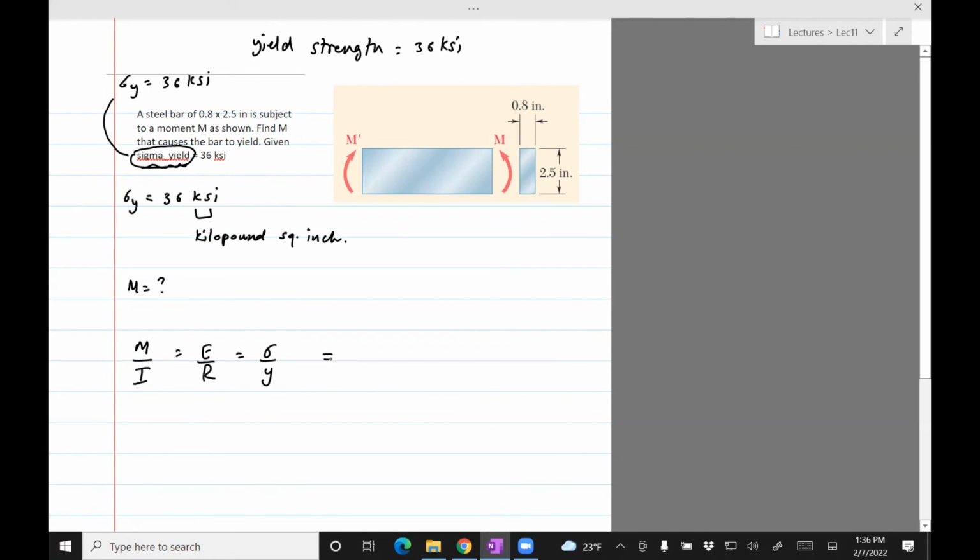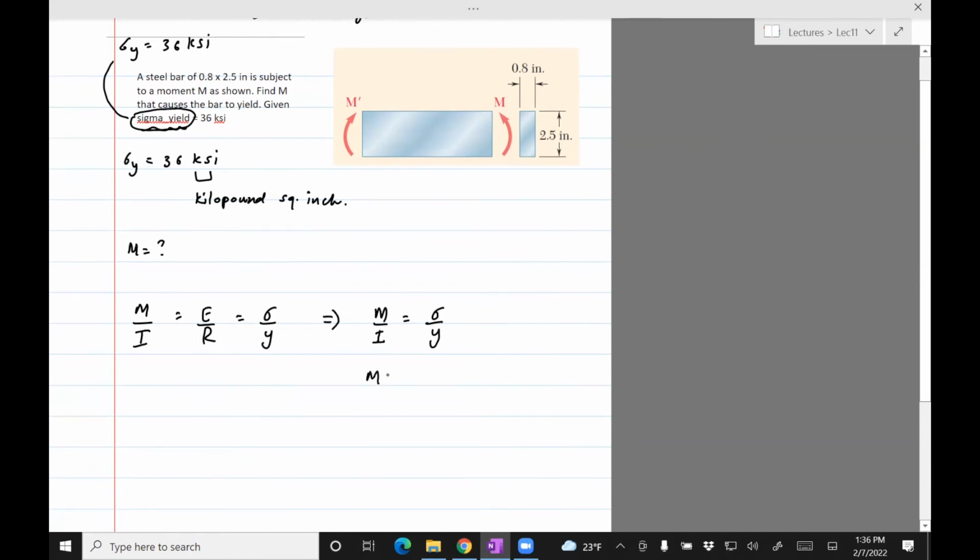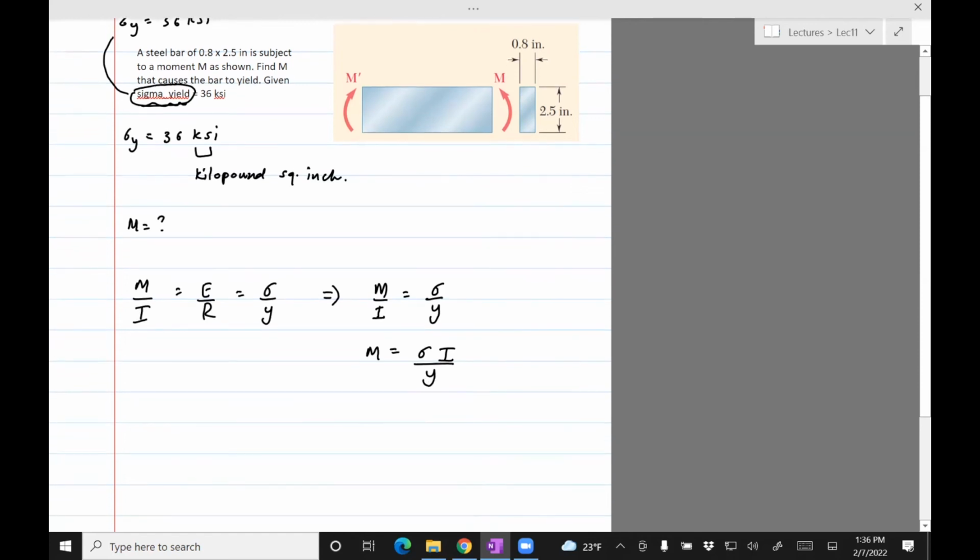So what we'll do is we'll use this equation, M divided by I equals sigma divided by Y. And so from this, we can find M, it's sigma I divided by Y. Sigma is the stress, I is the inertia, Y is the distance from the neutral axis.